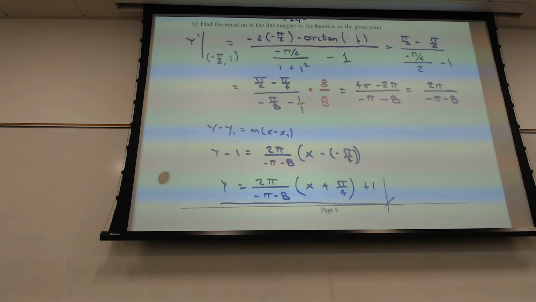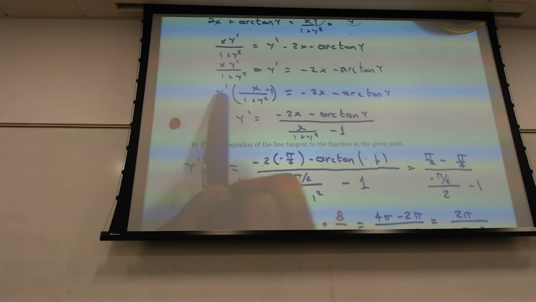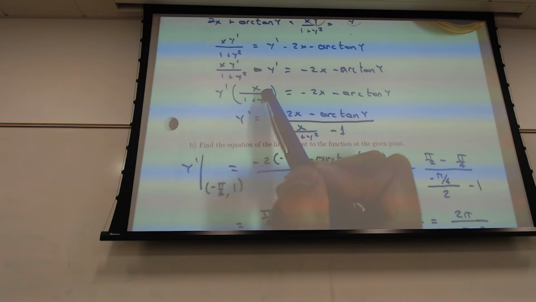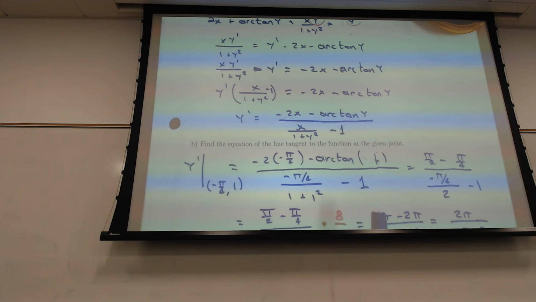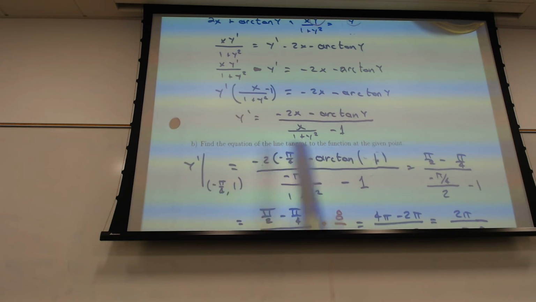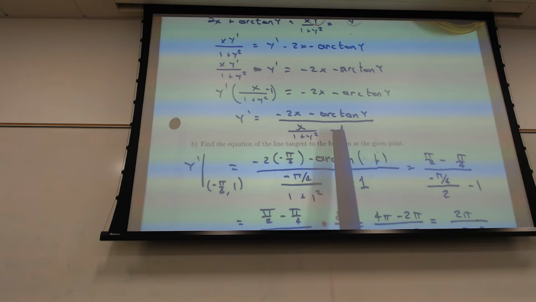No. When you factored out the dy over dx, instead of moving the smaller one over to the side of the big one, I did it the opposite way. But it should have given me the same one. I'm not sure. Interesting. So what I did here, yes, factor the y prime, that gives me the x over 1 plus y squared, the whole thing minus 1.